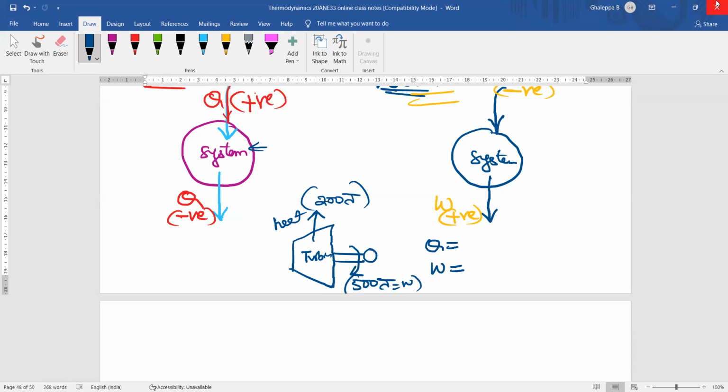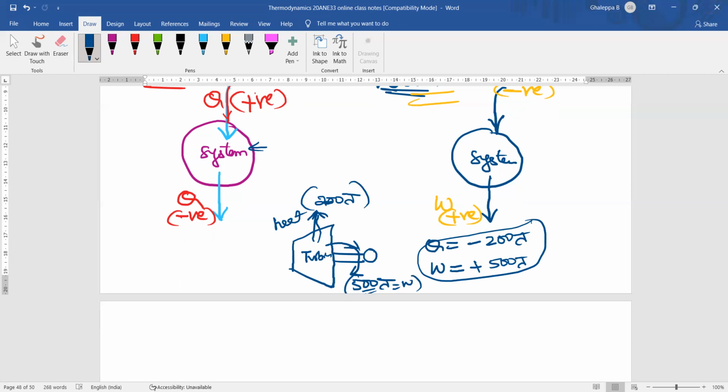Heat 200 joule is rejected by the turbine. It's negative, so you should write minus 200 joule. Work is done by the system, 500 joule. Positive. This is how you need to write in the numerical.